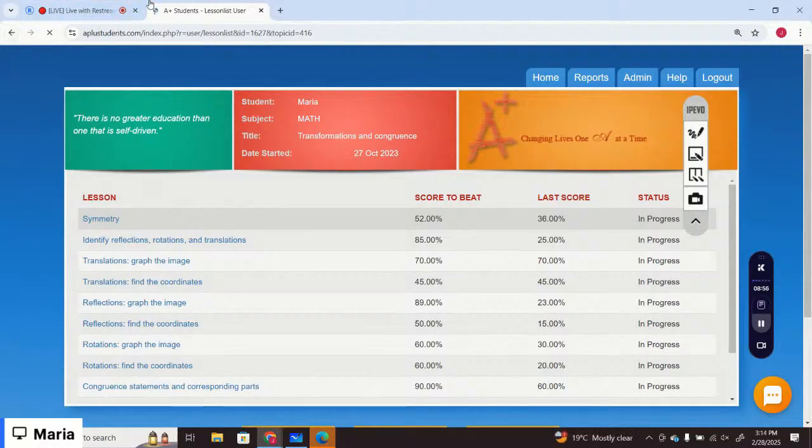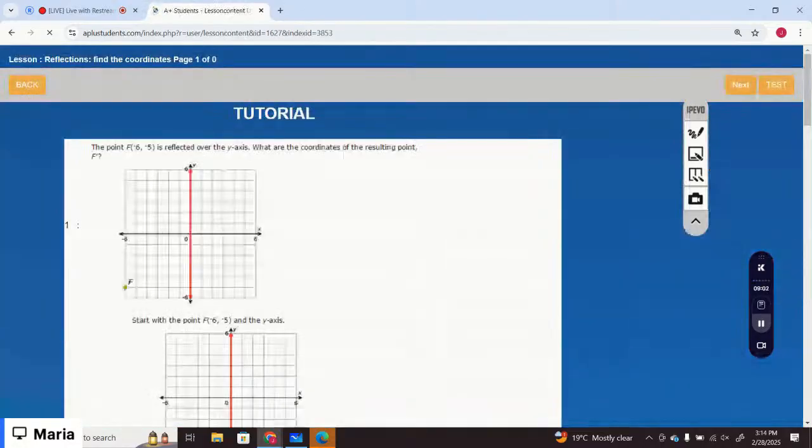The next one is reflections, find the coordinates. Now we have to find the coordinates, right? The point F (-6, -5) is reflected over the y-axis.